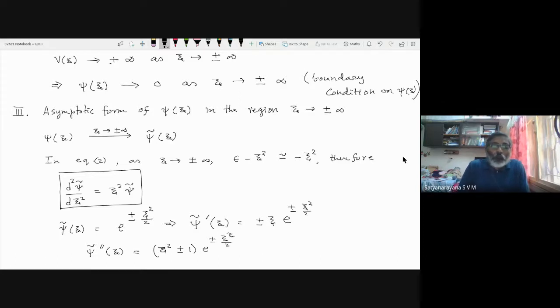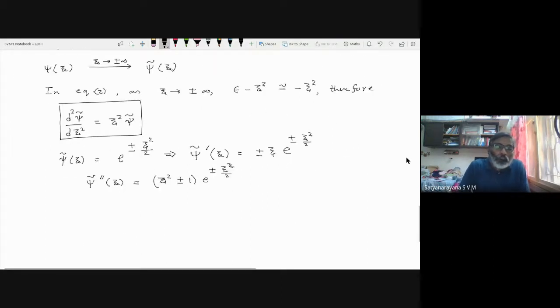But again, since xi square is very large, one can write xi square plus or minus 1 as xi square. So then this can be written as xi square into e to the power plus or minus xi square by 2.